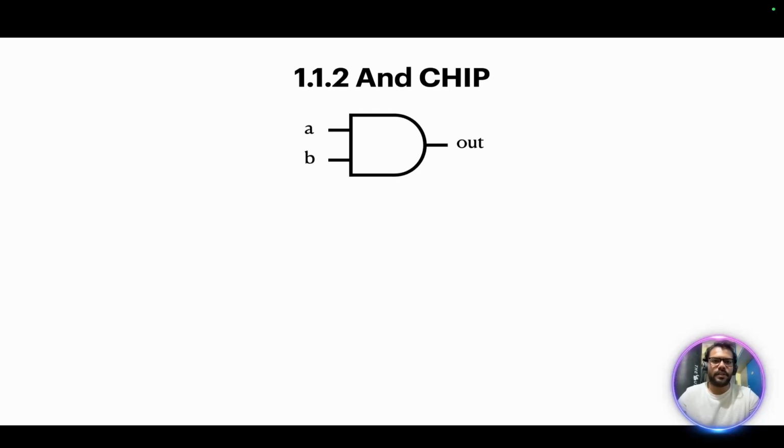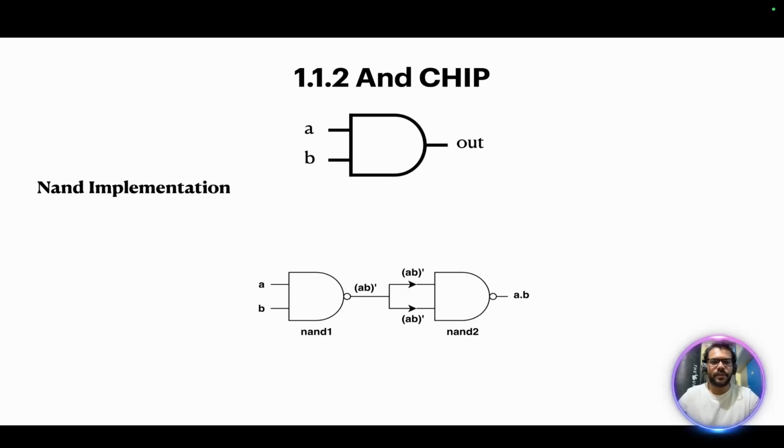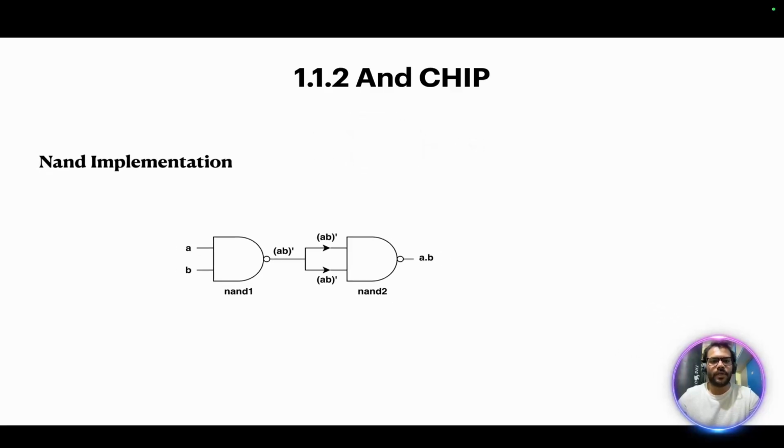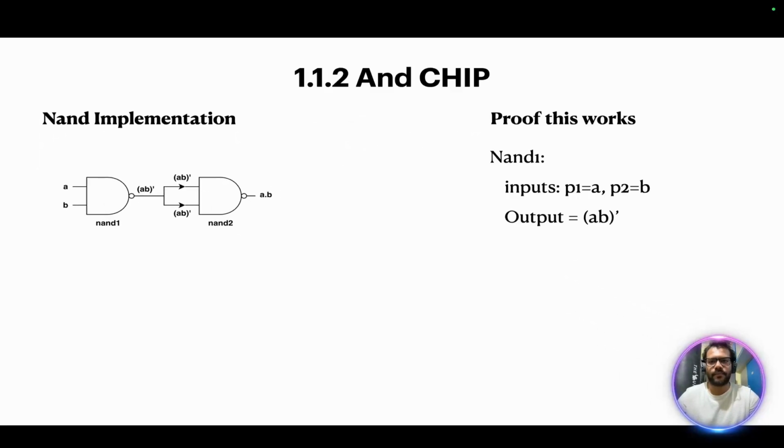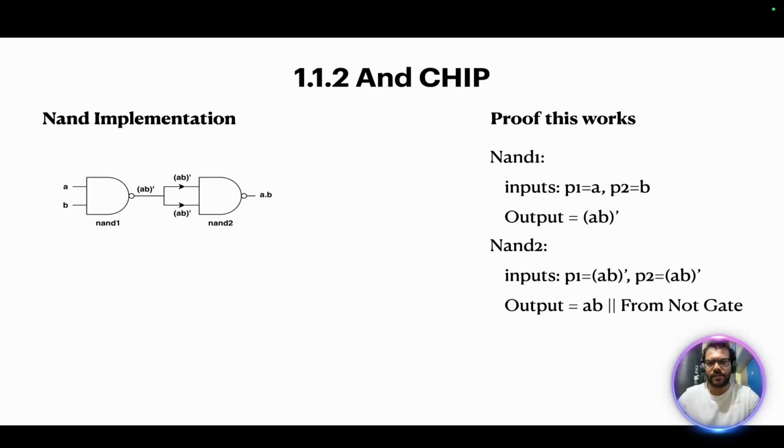Let's look at the implementation. So we need two NAND gates here. A and B are the inputs for the first, and you get AB dash, which is fed as inputs to both the pins of the second NAND gate. Now let's prove that this implementation in fact gives you the AND logic. So NAND 1, pin 1 is A, pin 2 is B, output is AB dash.